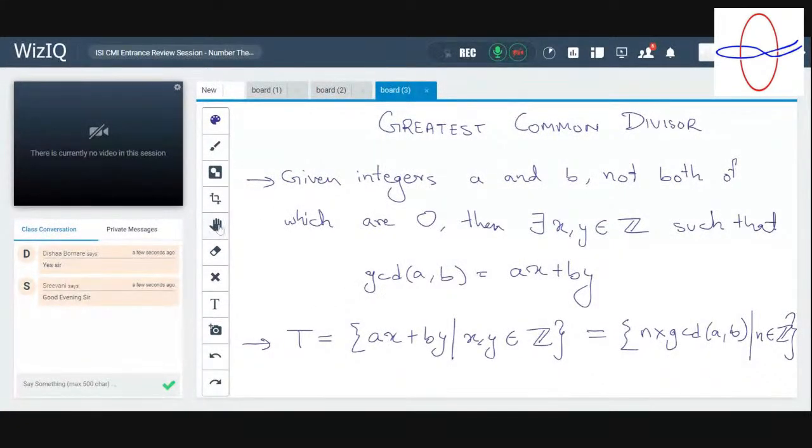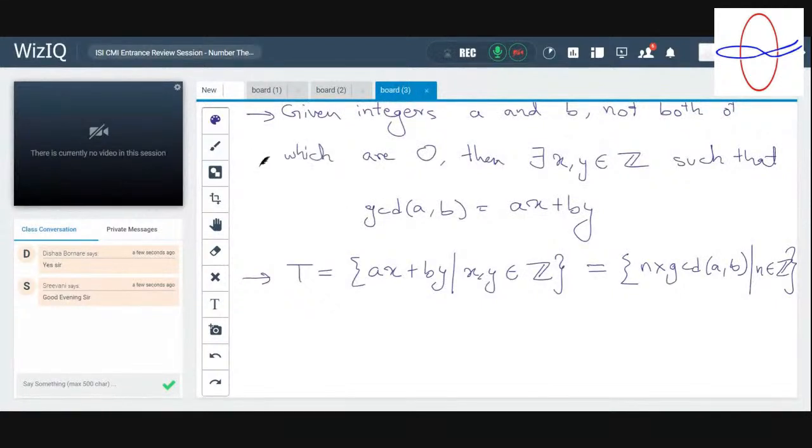Should mention that as well. So if GCD is 1, I am mentioning this separately because this is very useful.